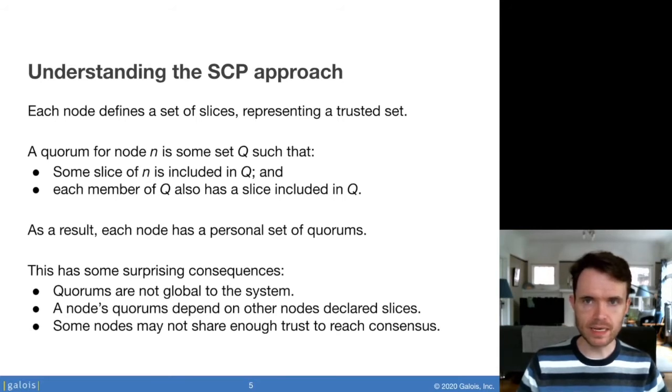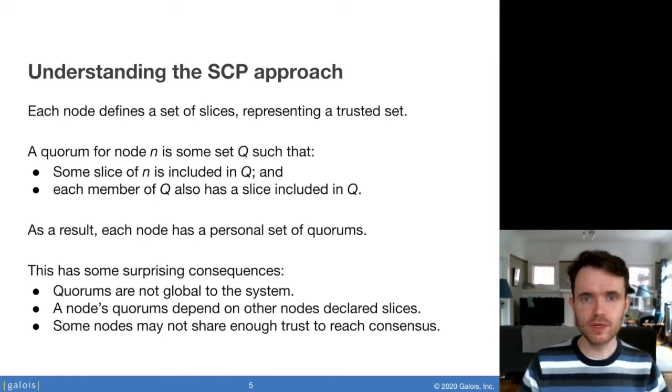In SCP, a quorum for node n is some set of nodes Q such that n has a slice included in Q, and each member of Q also has a slice included in Q. In other words, a quorum is a set of nodes that satisfies the agreement requirements of all nodes in the set. The result of this definition is that each node forms its own personal quorums based on its own slices and the slices of the nodes it's aware of. This leads to a patchwork notion of trust that emerges between nodes in the network.